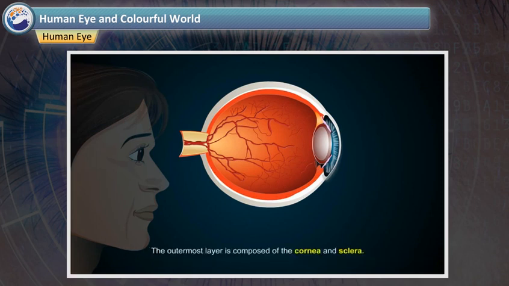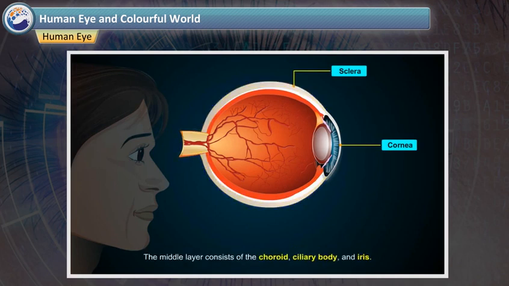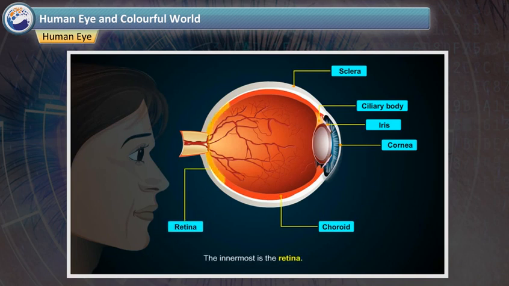The outermost layer is composed of the cornea and sclera. The middle layer consists of the choroid, ciliary body, and iris. The innermost is the retina.